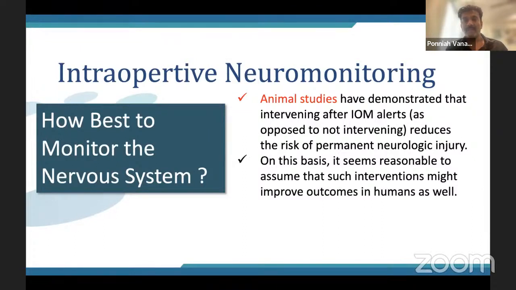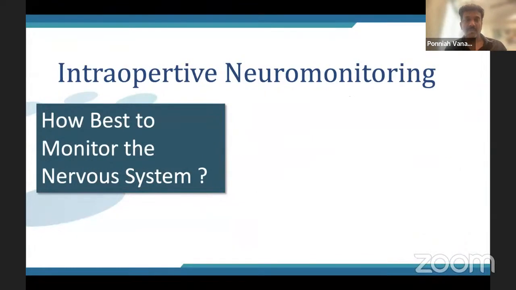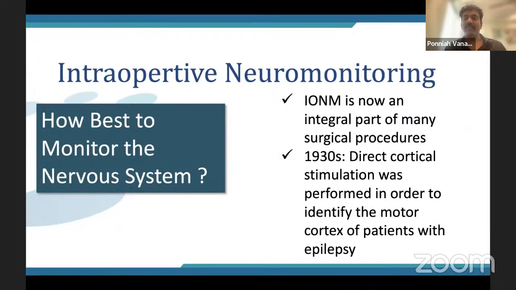On this basis, it's reasonable to assume that such interventions might improve outcomes in humans as well. It's highly unlikely that an RCT will be done in humans in the near future. More and more centers are practicing IONM, and it is now becoming a part of standard of care. It is an integral part of many surgical procedures now.